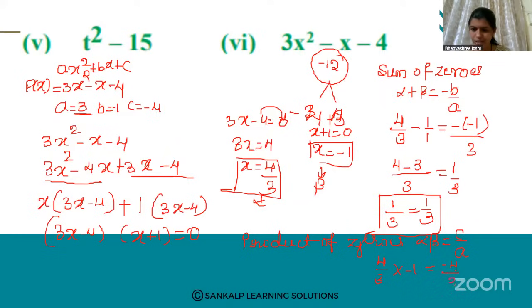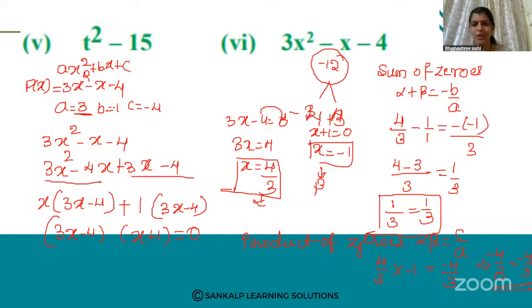A value is 3. 4 into minus 1, that's equal to minus 4 divided by 3 is equal to minus 4 divided by 3. Here also LHS part is equal to RHS part. Both are same. Then the relationship holds.